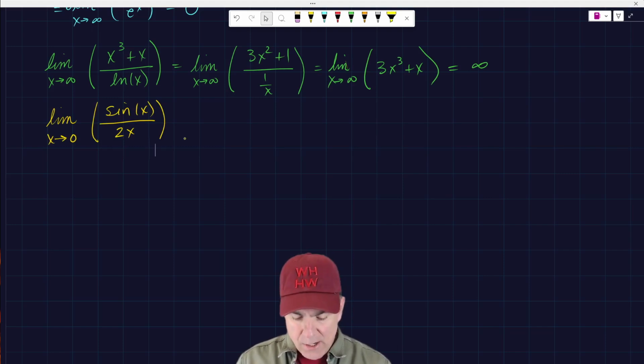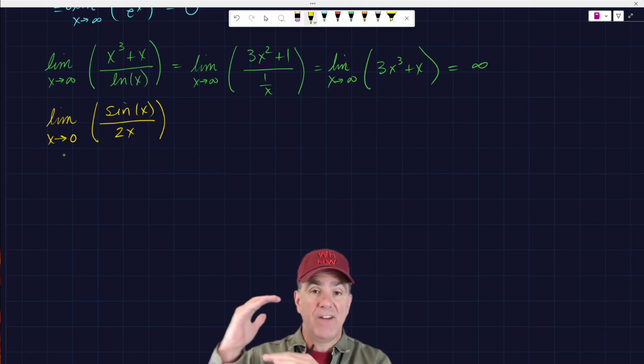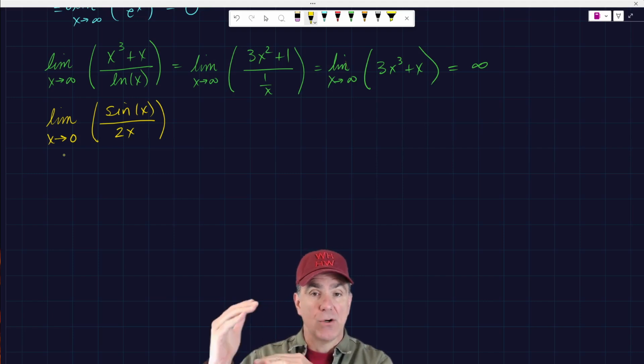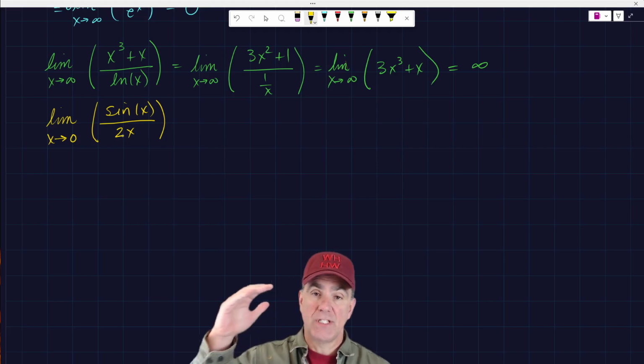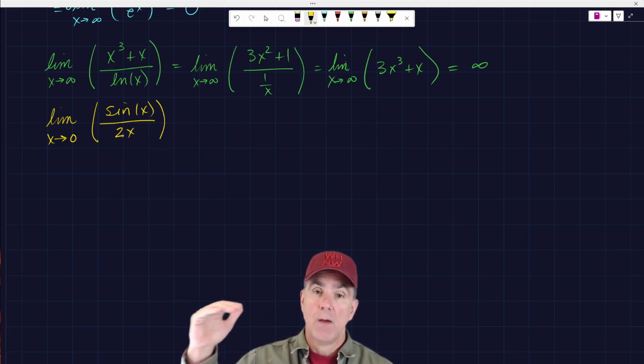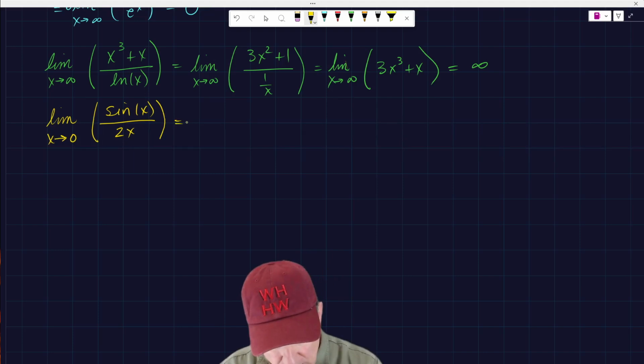So my last example here, x is approaching 0. Remember, we could have infinity over infinity, or we could have 0 over 0. This is the situation here. Sine of 0 is 0, so as x approaches 0, the numerator is approaching 0, but so is the denominator. L'Hopital's rule tells us that this is equal to the limit where I differentiate the numerator and denominator.